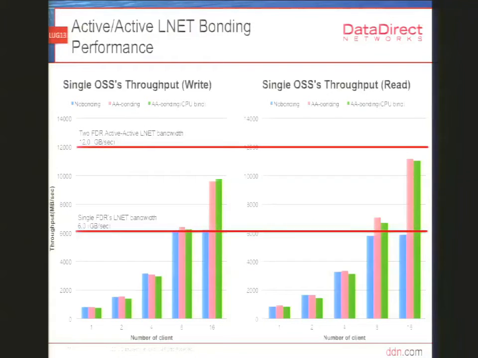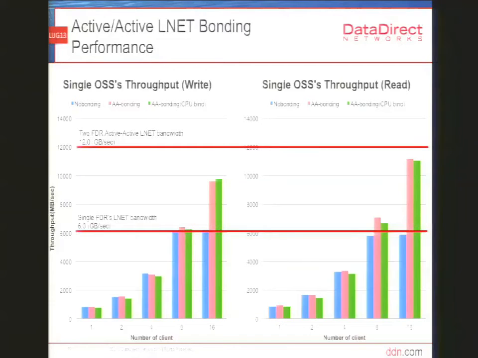but we cannot see a performance improvement in that configuration. But with the active configuration, we finally got 9.5 GB per sec for write and 11 GB per sec for read.